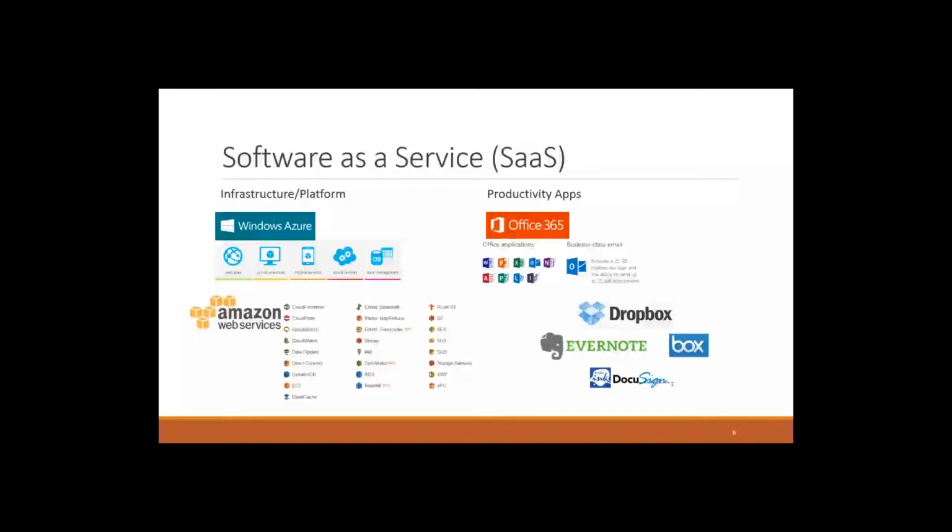Software as a service. Now this is a very interesting one, because of the cloud and because of cloud providers and colos. So with things like Windows Azure or Amazon Web Services, if you have a business that needs to start up, you don't want to drop a lot of money into hardware and software and networking and firewall and all that usual stuff that we used to have to buy.